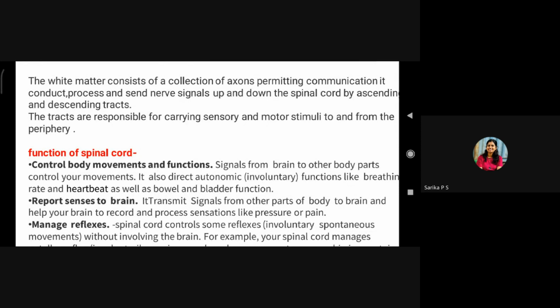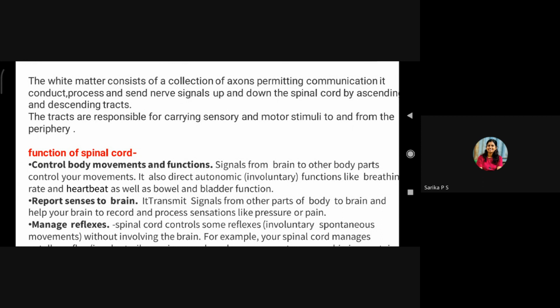Axons, okay, but what is this white color particularly coming from? Myelin sheath. Yes, very good. So, as axons are covered by myelin sheath, because of the white color of myelin sheath, white matter is formed.